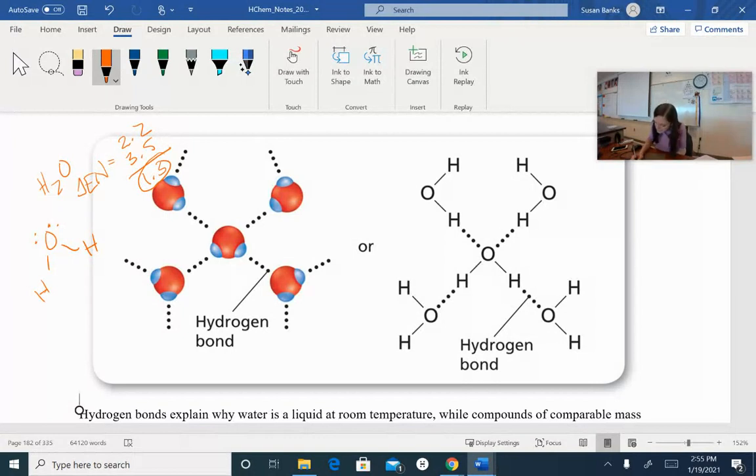So we will get oxygens from one molecule lining up with hydrogens of another, okay? And this orientation is very strong because of this very strong electronegativity difference. So we will get some fairly clear patterns with water.